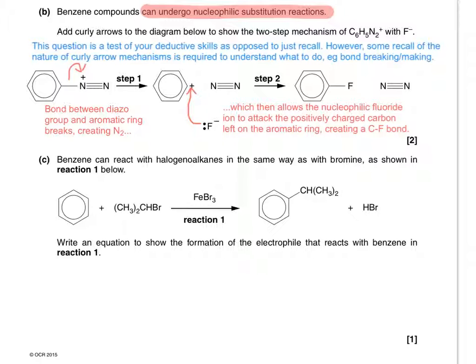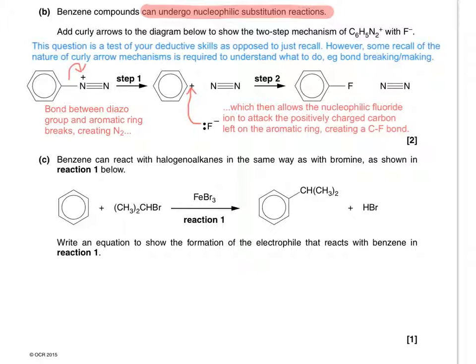They should always point towards either positive charges or a positively charged species. So for example, in the second curly arrow, it's pointing towards the positively charged carbon. I've pointed it towards the actual positive charge because that's what it says to do on the mark scheme, but they allow you to point towards that positively charged carbon.